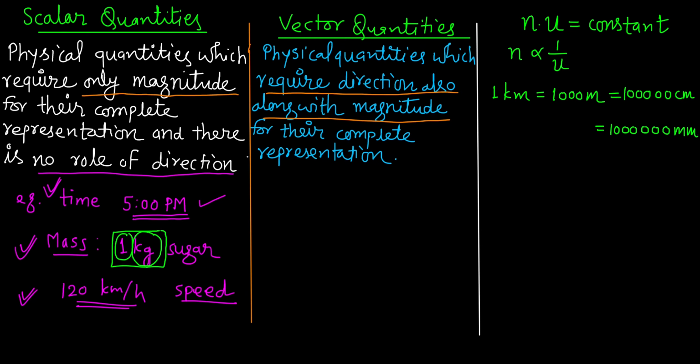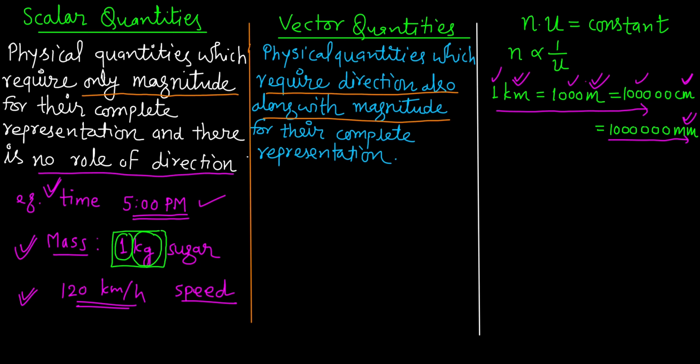As you move from left to right, the numerical value is increasing: it was 1, then 1000, then 100,000, and so on. But the corresponding unit is becoming smaller and smaller. Kilometer is the largest unit, meter is smaller, centimeter is further smaller, and millimeter is the smallest. So as numerical value increases, the corresponding unit decreases.